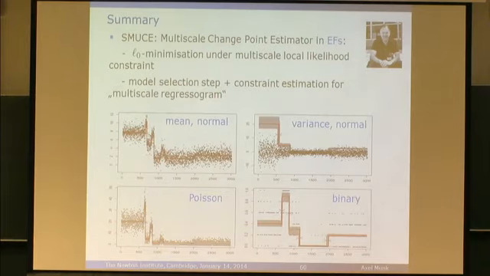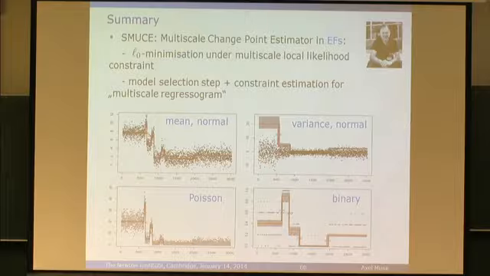Okay, maybe let me wrap up in 1 minute. So what we try to do is come up with an estimator which includes a model selection step, which is essentially based on a testing idea, on a multiscale testing idea, plus a minimization step which can be computed in that situation.